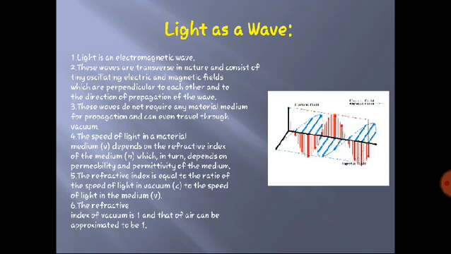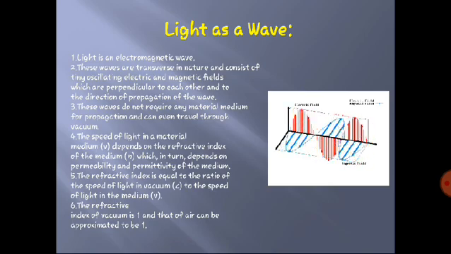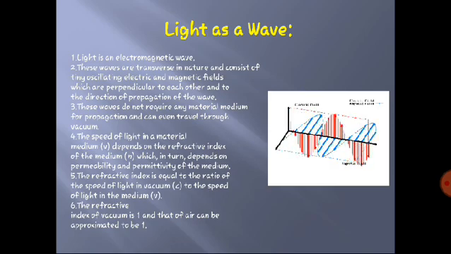Now, what about the speed of this light wave? The speed of light in a material medium, we can say it as v, depends on the refractive index of the medium. As we are saying refractive index, it must be related to or depend on permittivity and permeability. Permittivity and permeability are two different things.